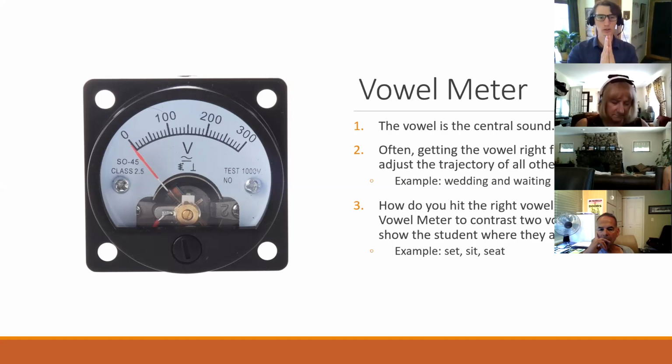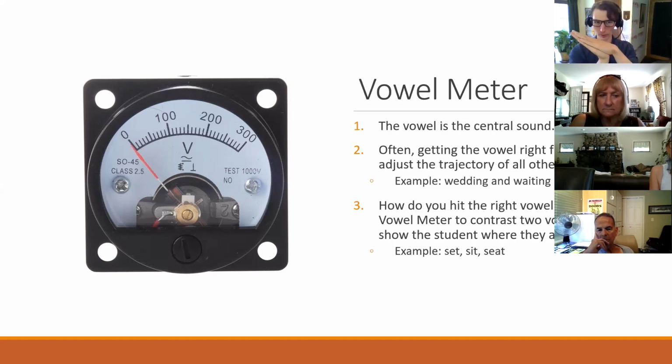So when the student is trying to say sit, but instead they're saying seat, you have to tell them you need to adjust. This is our first technique: you're forming the meter with your hands in this prayer shape. It's just like the meter you see on the PowerPoint. On one end you have eh, and on the other end you have e.